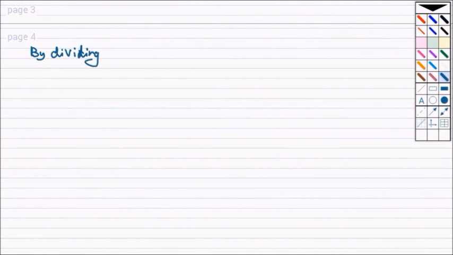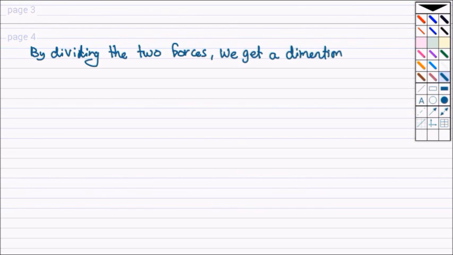By dividing the two force components, we can get a dimensionless group called the Reynolds number.